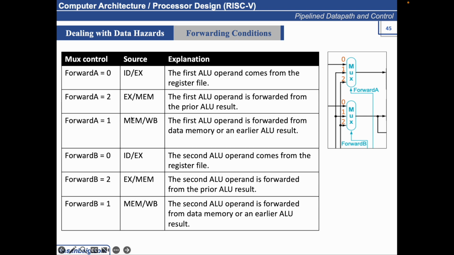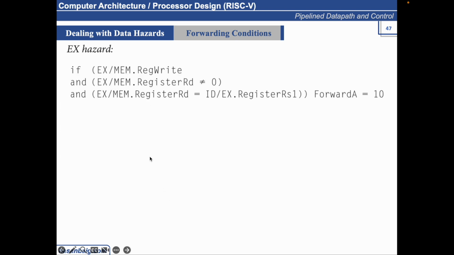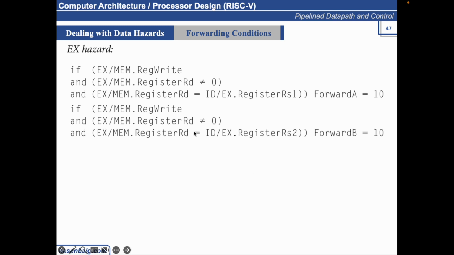The same is the case for checking the RS2 condition. In both cases, if the RD is equivalent to either RS1 or RS2, we set forward A and forward B to 2, forwarding data from the xmem register to the ALU.